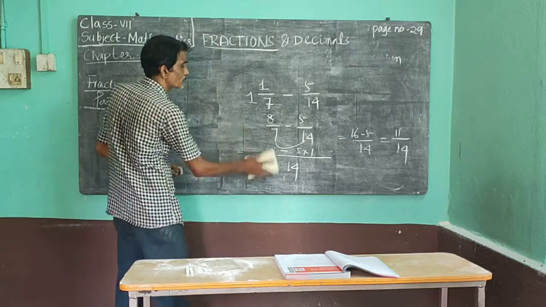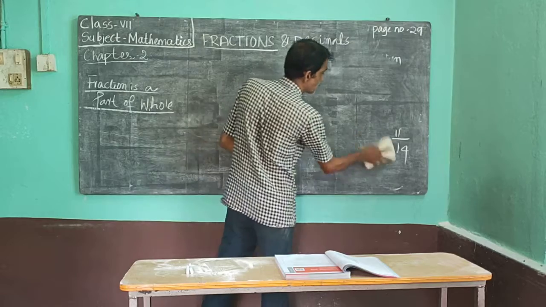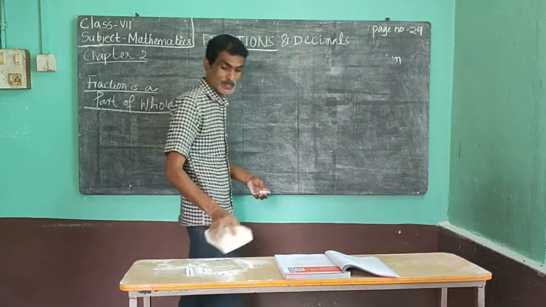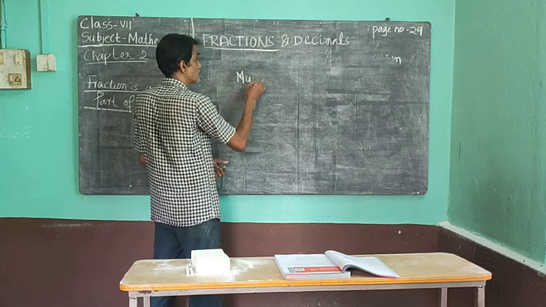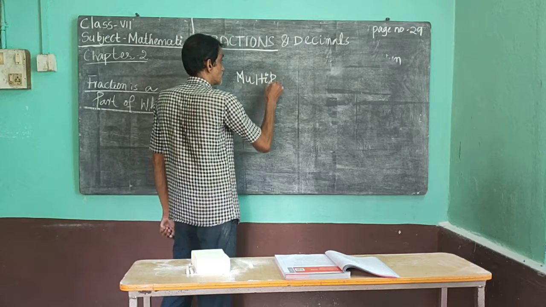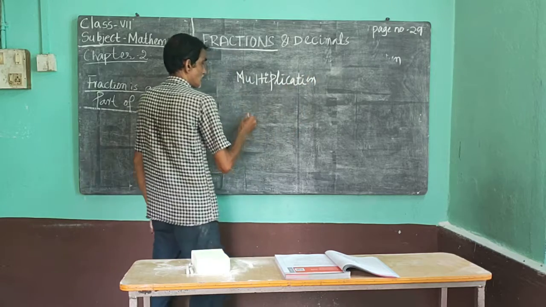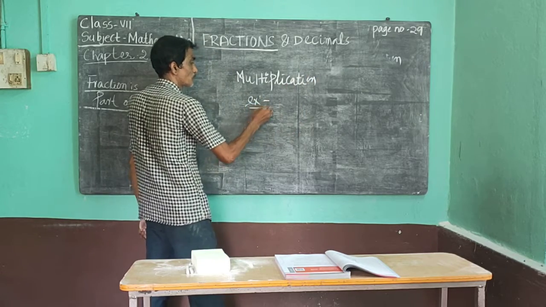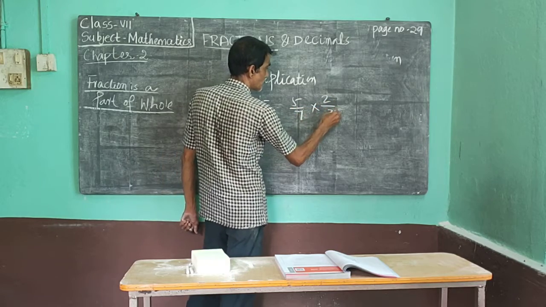In the next concept, I will show how two fractions or more than two fractions can be multiplied. The multiplication of two fractions. Now multiplication. Example. 5 upon 7 multiplied by 2 upon 3.